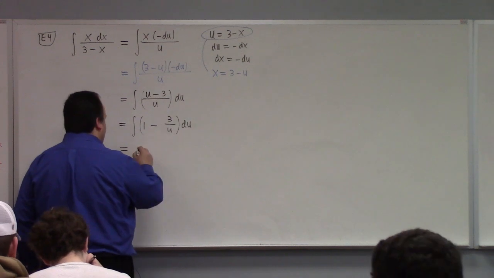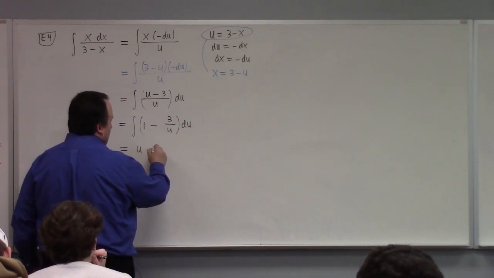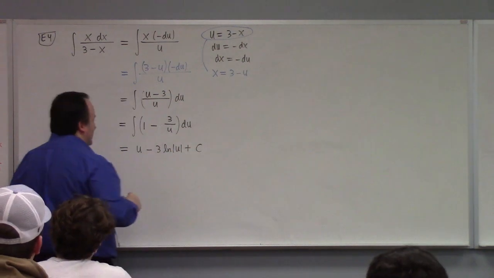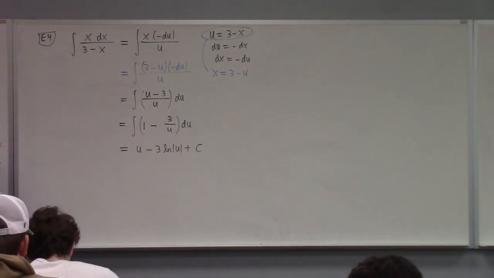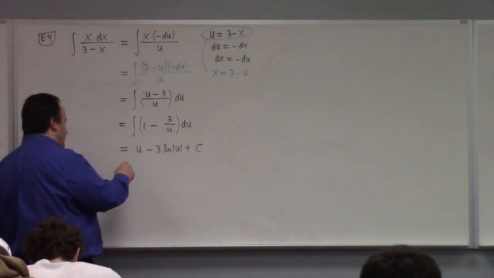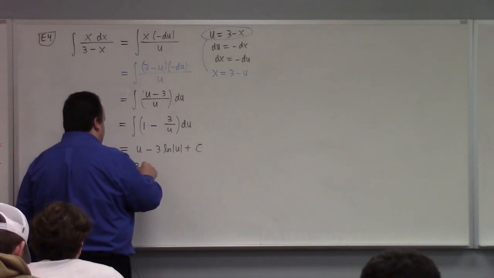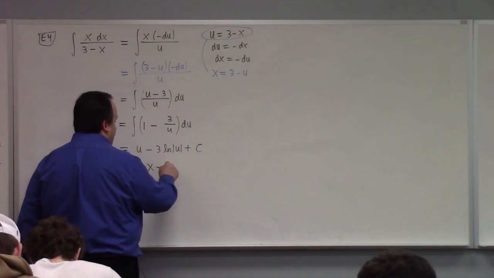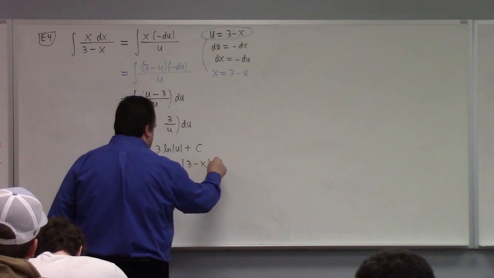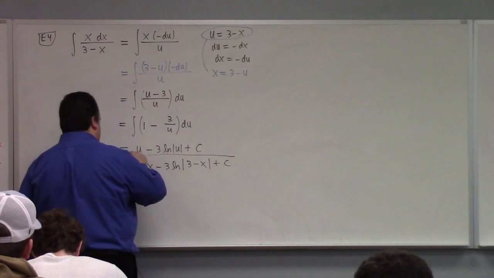Let's see here. U minus 3 natural log of the absolute value of u plus a constant, right? Don't forget your absolute value. It is absolutely needed. And so the u is 3 minus x. So what you got here is 3 minus x minus 3 times the natural log of the absolute value of 3 minus x plus a constant. There you go.